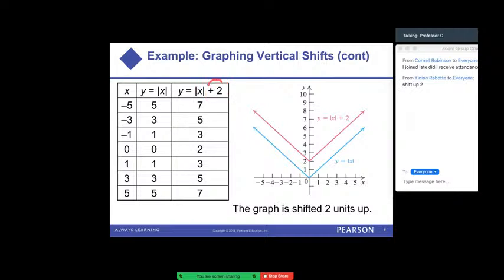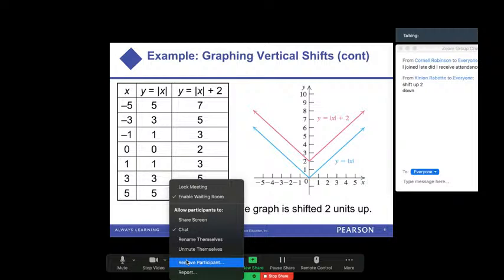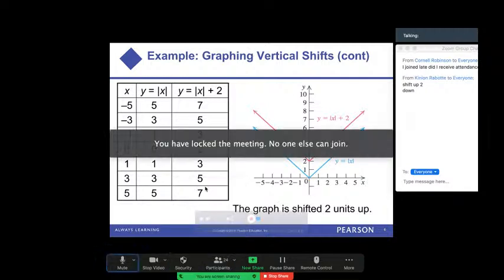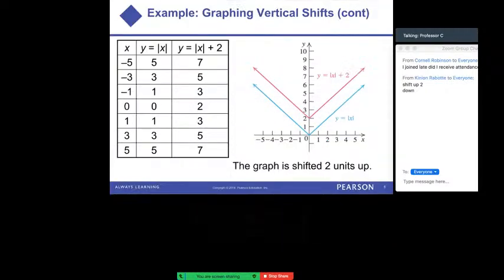So if we add a positive on the outside of our basic function and it shifts it up, what do you think happens if we subtract a positive on the outside? What can you anticipate happening? It should go down, right?